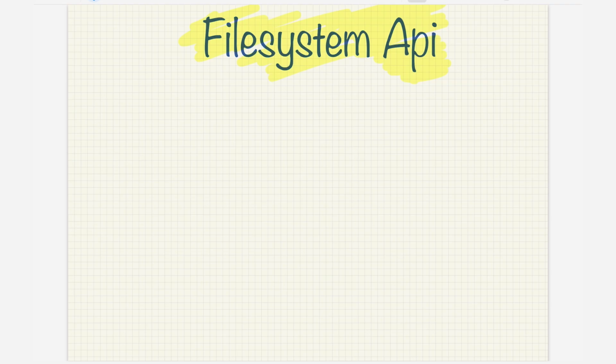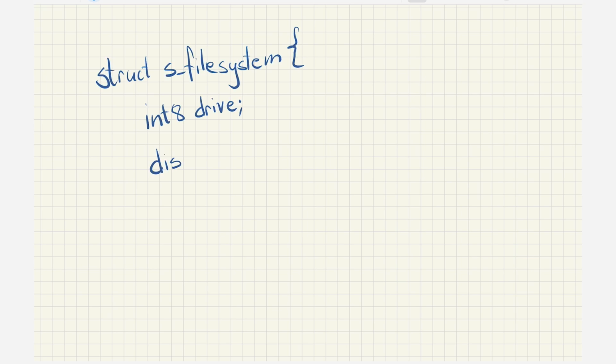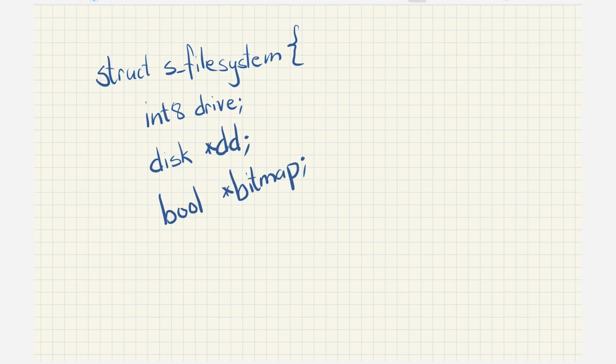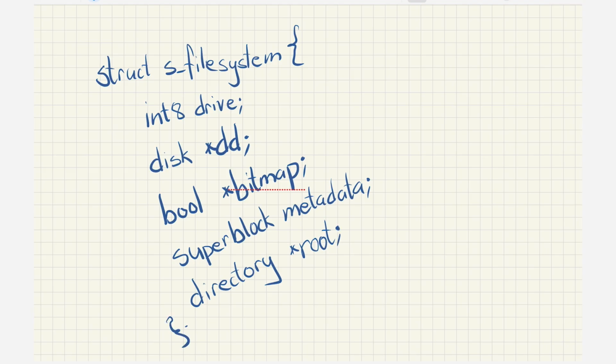So if we take a look at the data structure for the file system, it will look something like this.